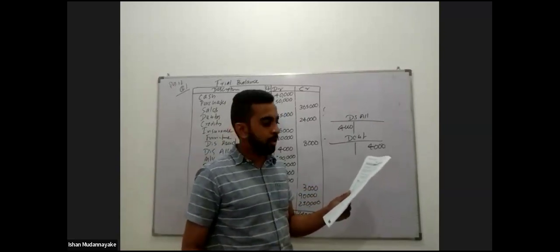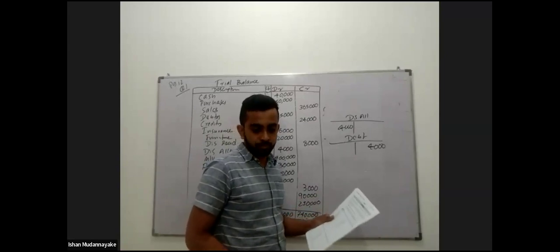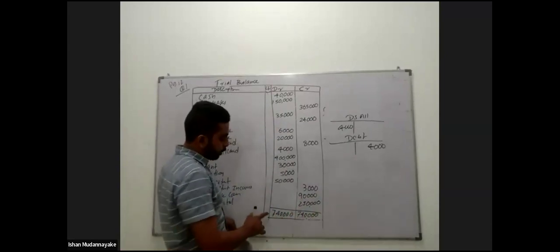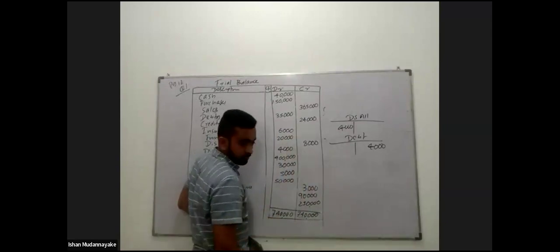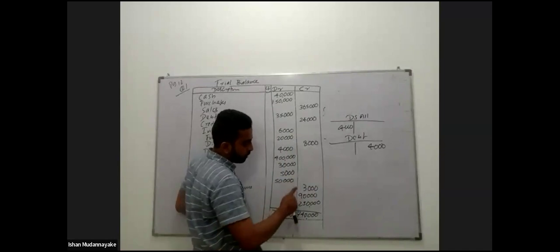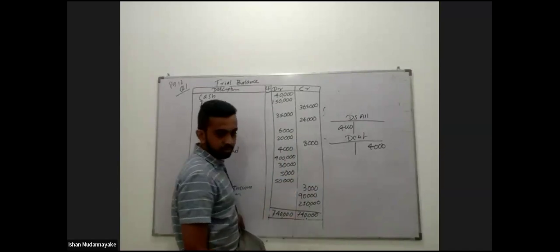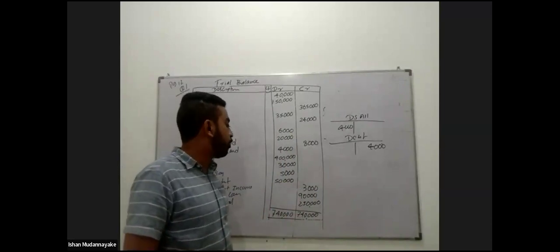From the total of the debit balances, you need to deduct the total of the credit balances, and then you can calculate the capital account balance of the business.